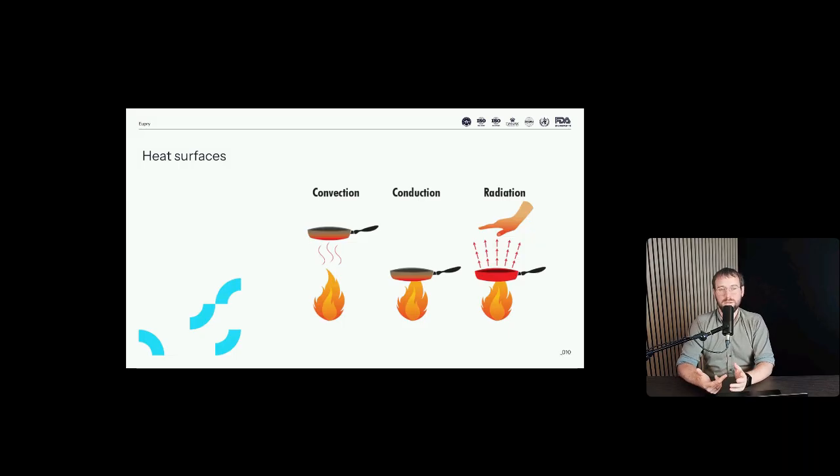There are three types of heat transfer. There's convection, which is basically when you have a hot surface, you will have air that's heated up, and that will rise with the temperature, which means often that if you have a radiator, you will have higher temperatures just above the radiator.